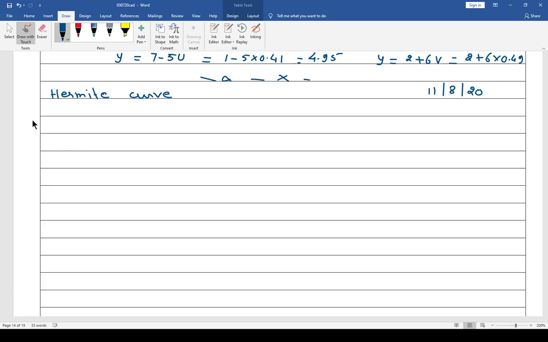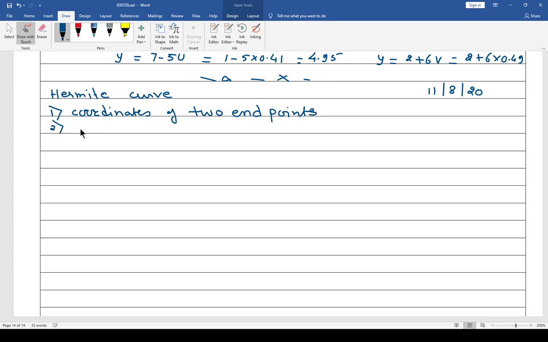Okay, so first of all, what are the data required to get the Hermite curve? First is the coordinates of two endpoints that I should be aware of.